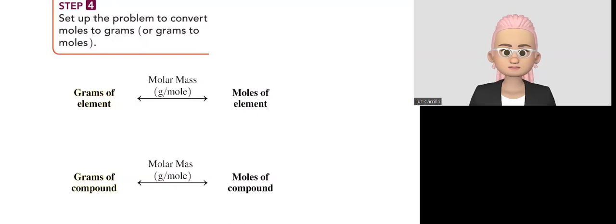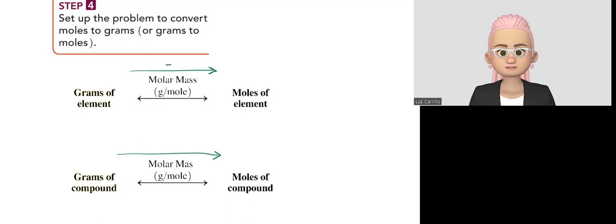Now, if we are given specifically grams of an element or a compound, and then we need to convert to moles, meaning that we're going in this direction, understand that we're going to divide by the molar mass of that element or that compound.